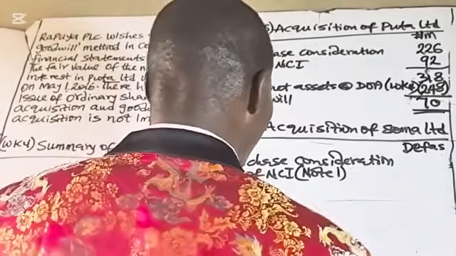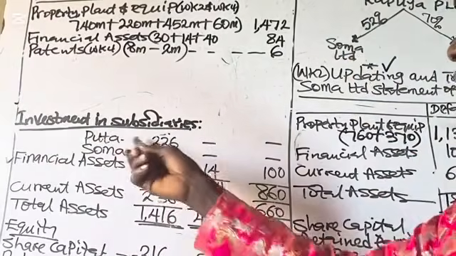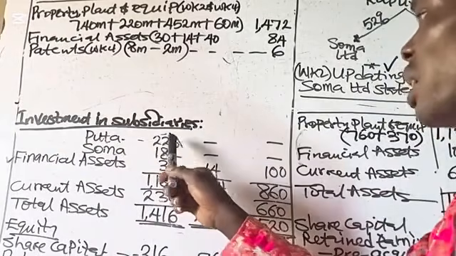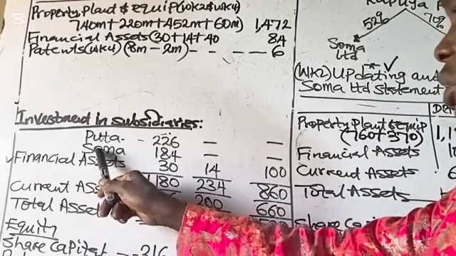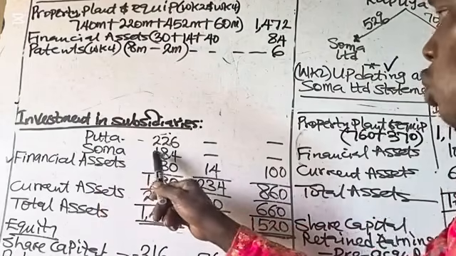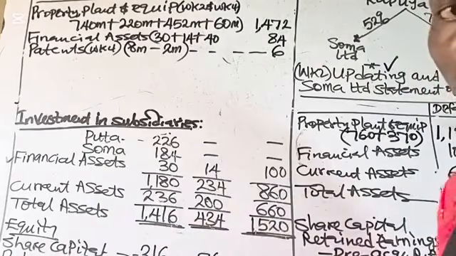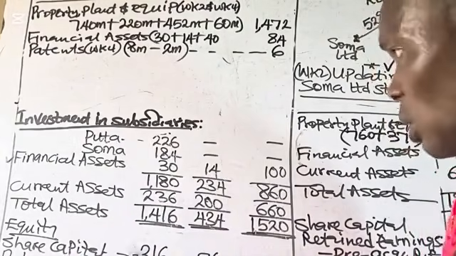How much is the purchase consideration? We were given investment in subsidiaries, Puta, and that investment of Puta, 226, has been used in calculating goodwill on acquisition of Puta. Then we have the consideration on acquisition of Soma to be 184 million naira. This is in naira. I've told you that goodwill will need to be calculated in foreign currency, not in naira.